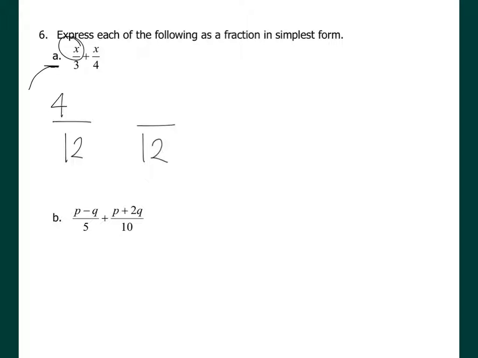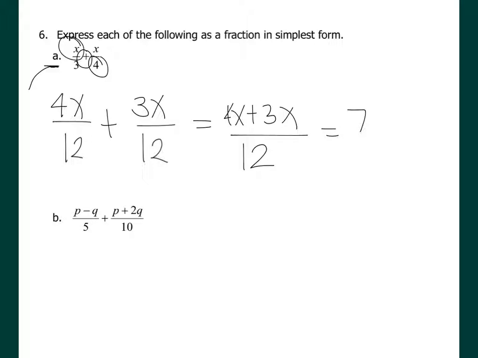So x becomes 4x. If we change 4 into 12, that means you multiply it by 3, so the x on the numerator will be multiplied by 3 as well. So that's 3x. So adding them, 4x over 12 plus 3x over 12, since they have the same denominators now, we simply add 4x and 3x, and this will be 7x over 12.